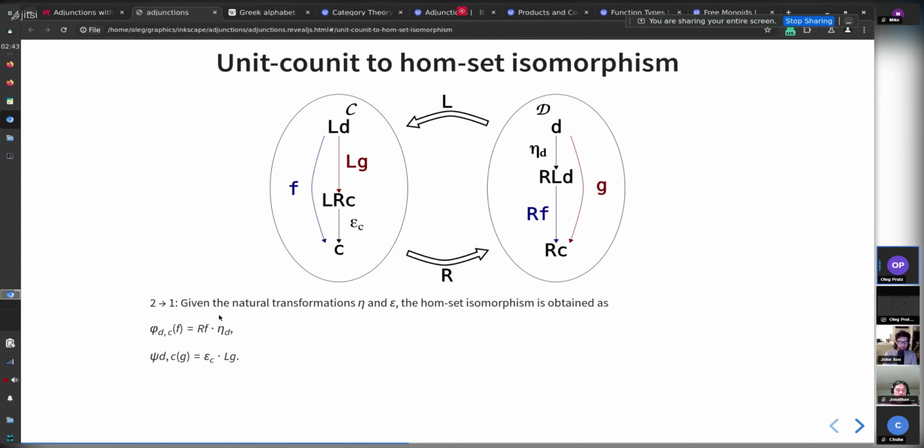So phi is given by taking an f, mapping it with R, and post-composing it with the component of unit at D. And it works symmetrically for the other direction. So psi for g is defined as mapping it with L and precomposing it with the component of the co-unit at C.